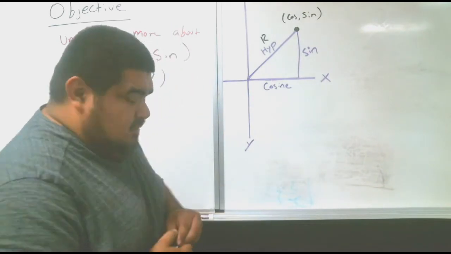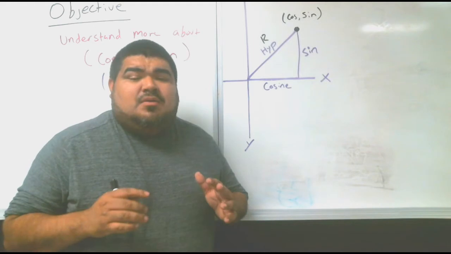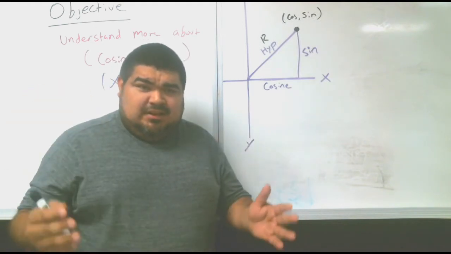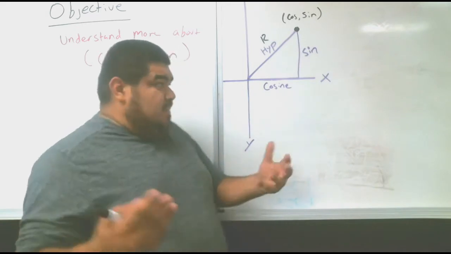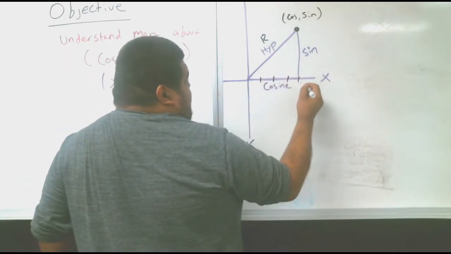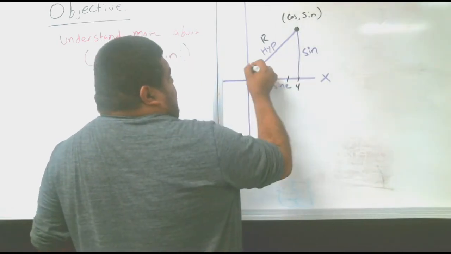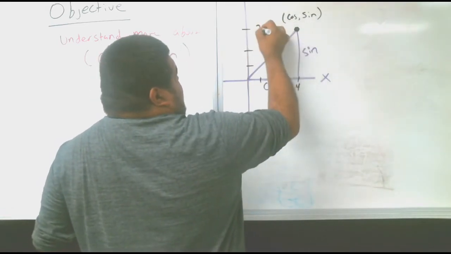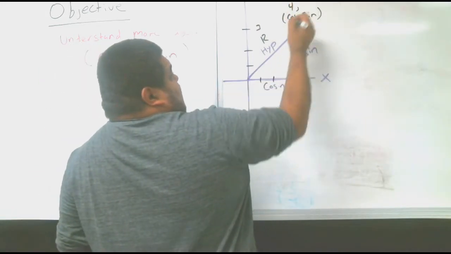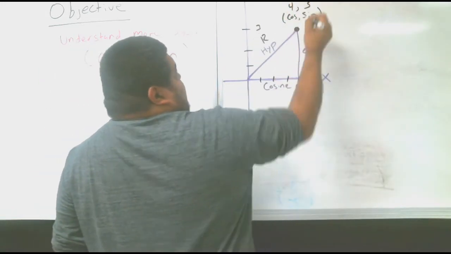Meaning that all your points on a graph have a cosine and have a sine. For example, we might have 1, 2, 3, 4, and then 1, 2, 3. So your cosine is 4, your sine would be 3.